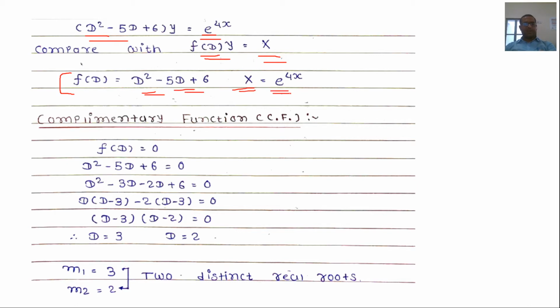Now as we discussed in our previous session, the general solution of any non-homogeneous differential equation contains two parts: CF, which stands for complementary function, plus PI, the particular integral.